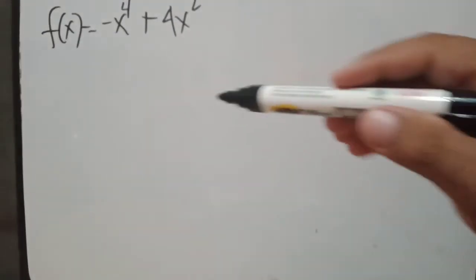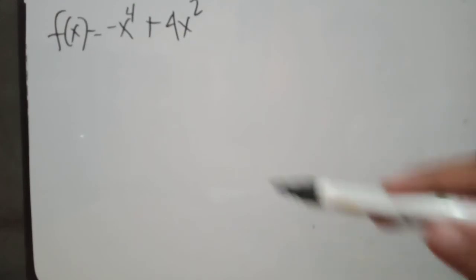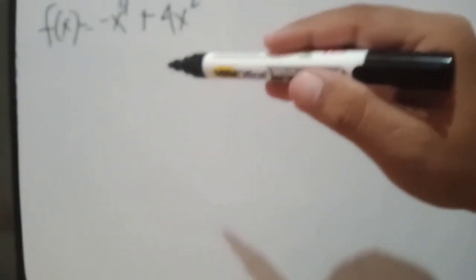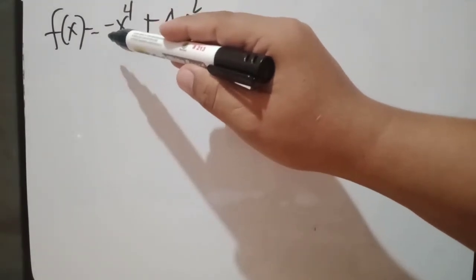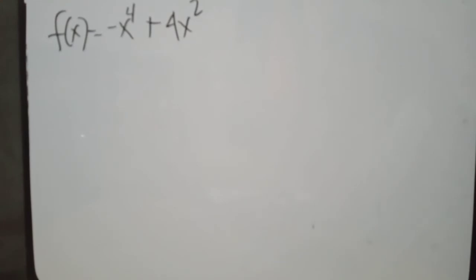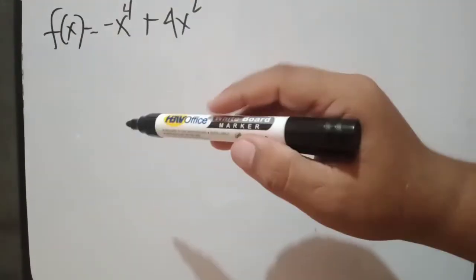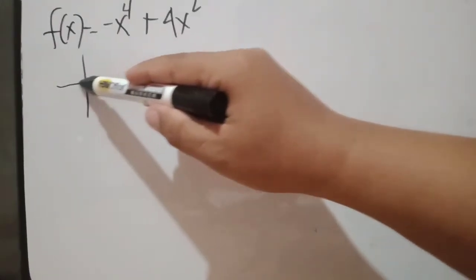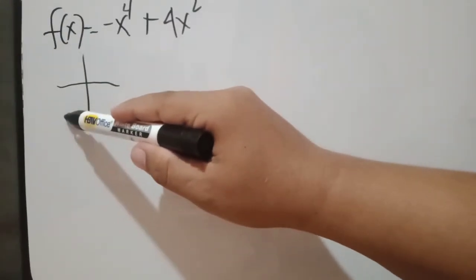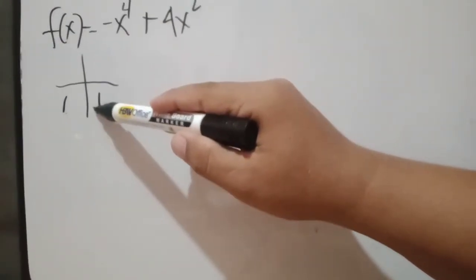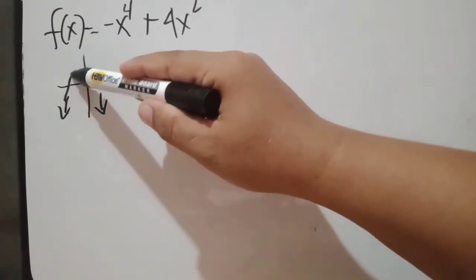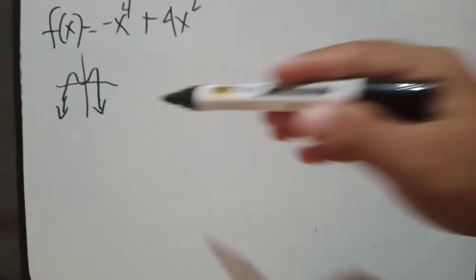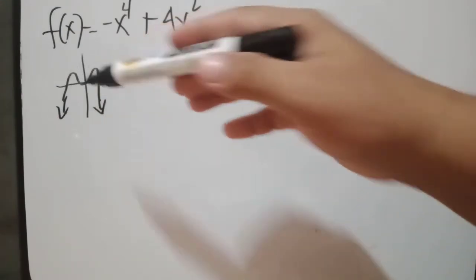First thing you have to do is to identify the possible behavior of the line. As you can see, the leading coefficient is less than 0, and the exponent is an even number, which is 4. So both end tails must be pointing downward.